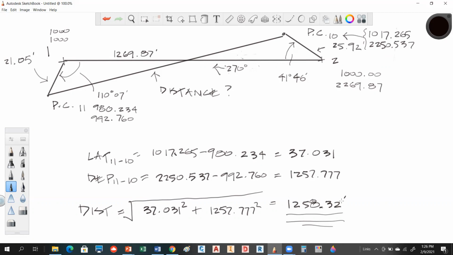The bearing, I could solve a bearing using these two. Departure divided by latitude, arctangent. The problem with that is it's relative to whatever I called this up here. Since I just guessed that was 90 degrees, this bearing is going to be related to that line. That's fine, but it's not necessarily the exact bearing of what it should be because we just assumed something. Does that make sense?